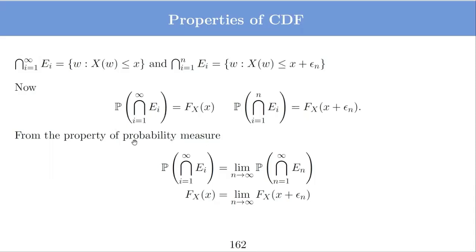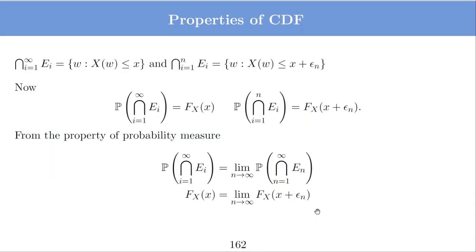Now, from the property of the probability measure, the probability of a countable intersection is equal to the limit as n tends to infinity of the probability of the finite intersection of the first E_n's. The value of this is F_X(x), and the value of this is F_X(x plus epsilon n). So from this we have proved that the CDF at x is equal to the limit of the CDF at x plus epsilon n as n tends to infinity.